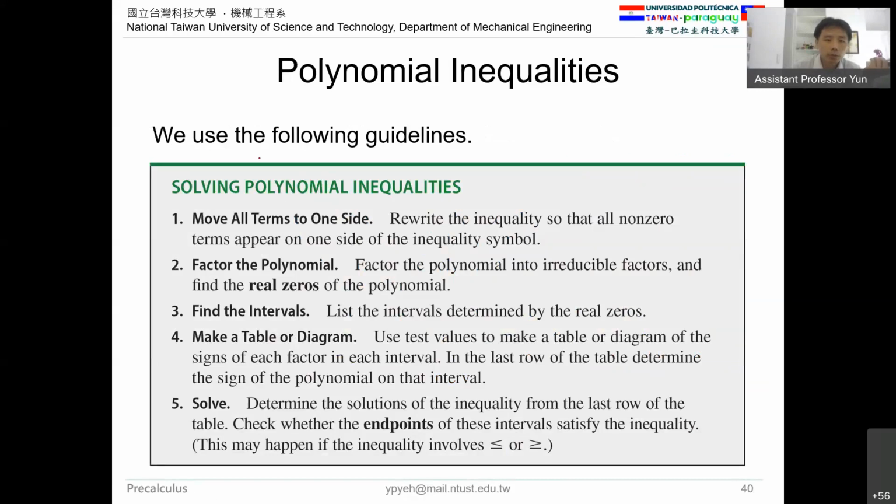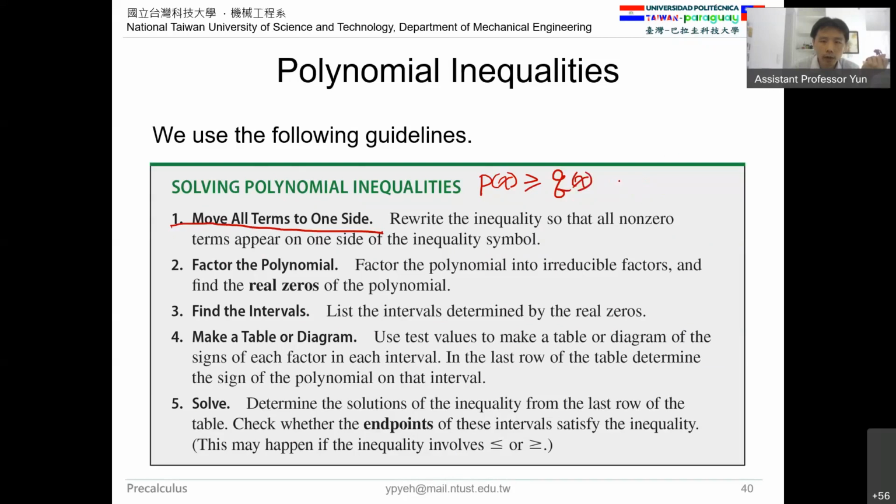Here shows you some of the steps for solving polynomial inequalities. The first step is moving all the terms to one side. This makes sense for polynomial functions, right? In some cases, as we know, p(x) is larger than or equal to q(x) in the case of these inequalities.